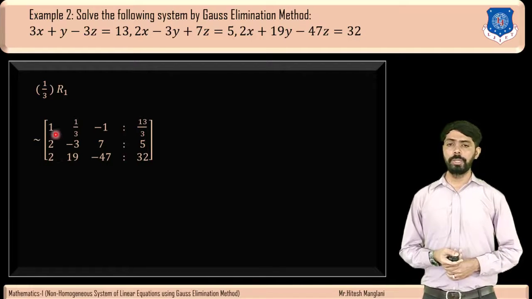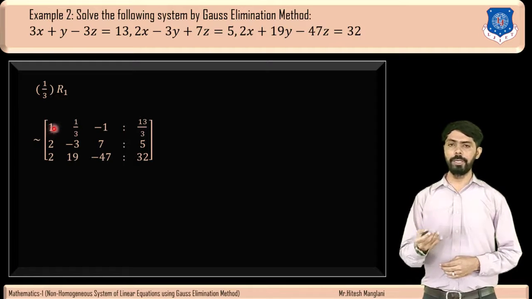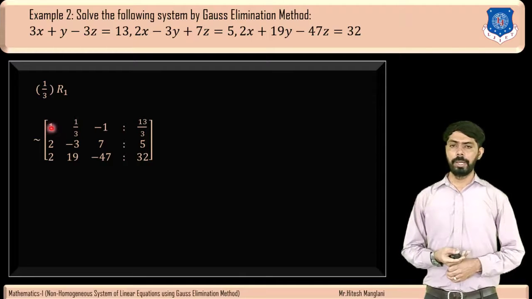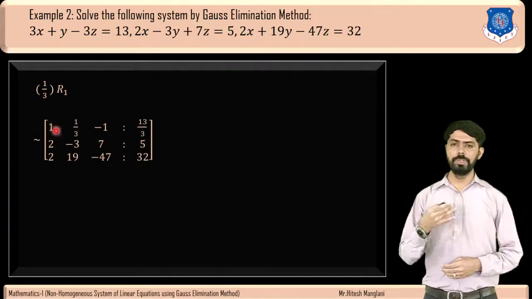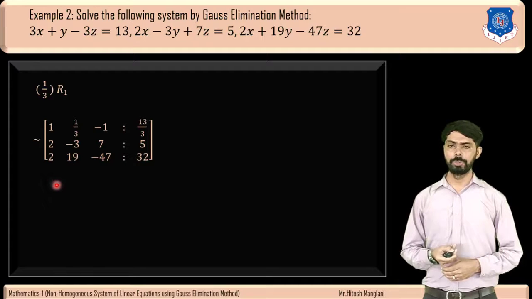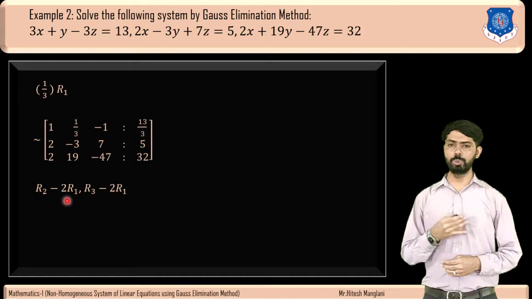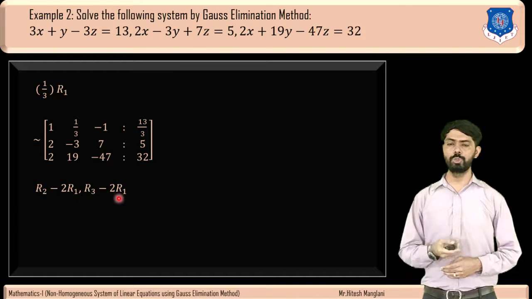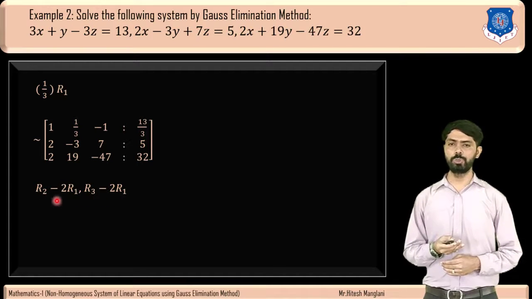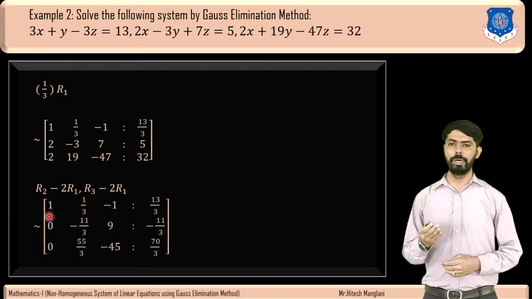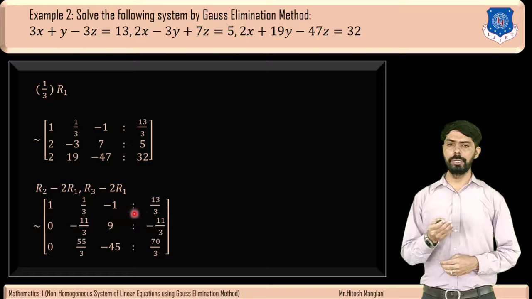For that, we will multiply the first row by 2 and subtract it from the second row, and we will multiply the first row by 2 and subtract it from the third row. That is, we will use the row operations R2 minus 2R1 and R3 minus 2R1.